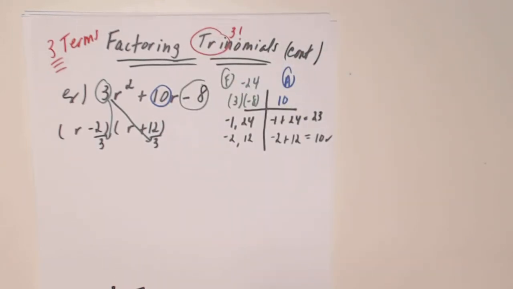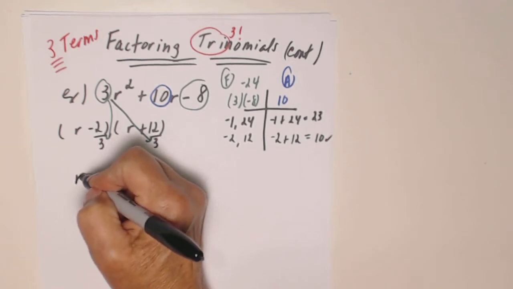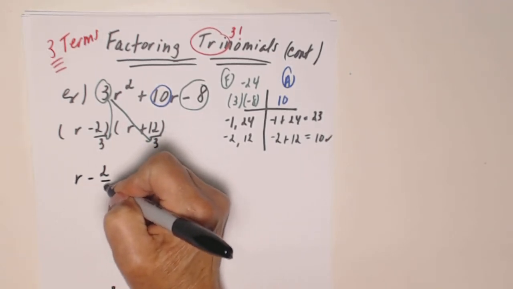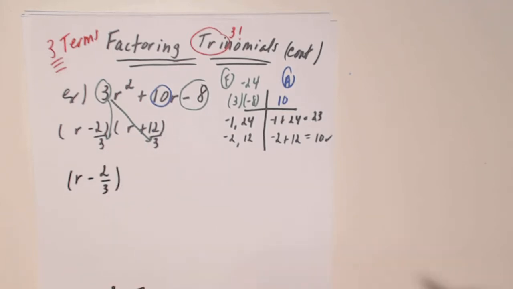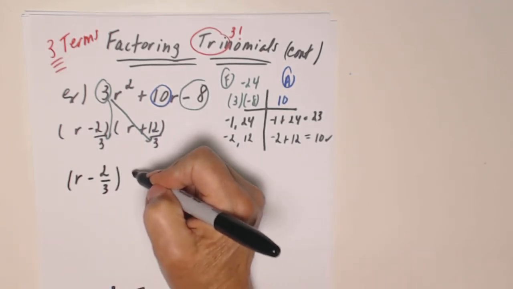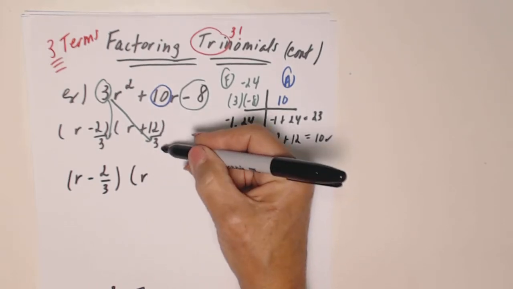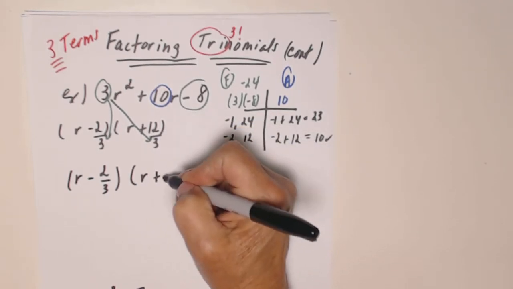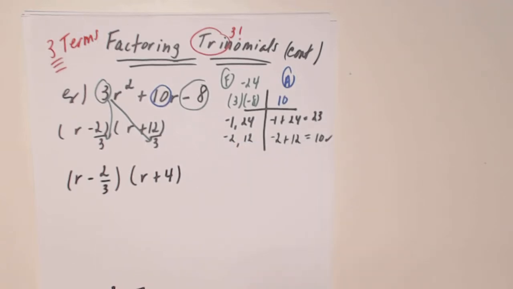As always in math, when we have fractions, we want to simplify them. R minus 2 over 3, there's nothing we can do there in terms of reducing or simplifying, but over here 12 divided by 3 is 4, so we have a nice clean R plus 4.